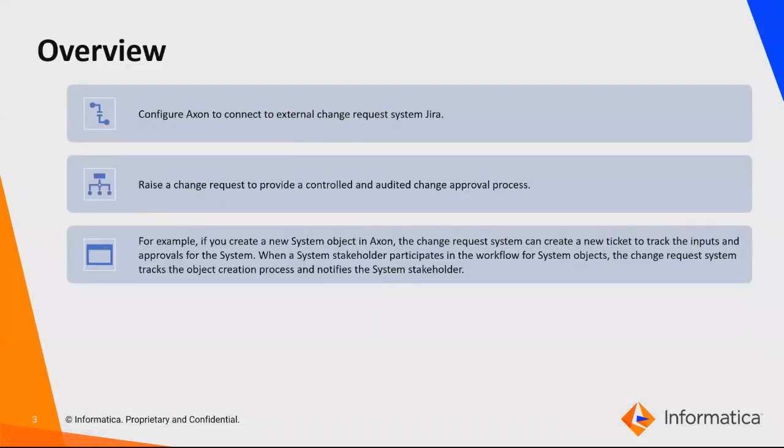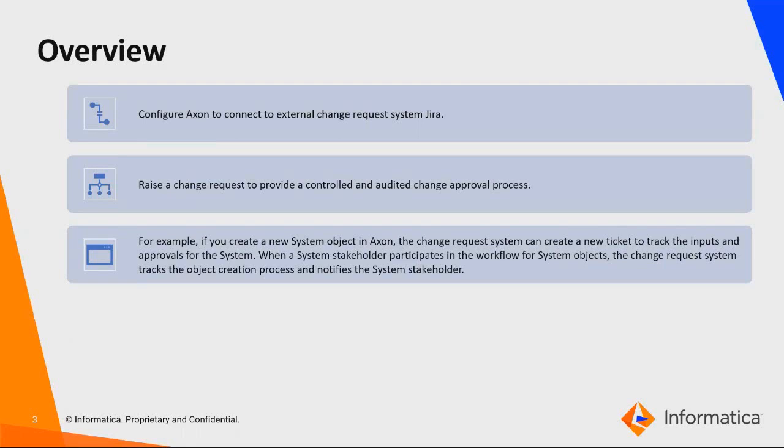So now let's understand why Jira integration with Axon was required. What are the benefits which we can make use of? Suppose you consider a normal scenario where the stakeholder performs a certain operation, like editing a certain field, updating the description, or applying the DQ rule.